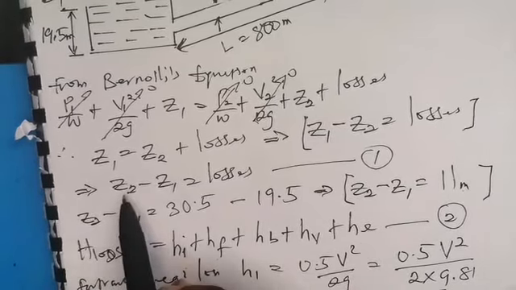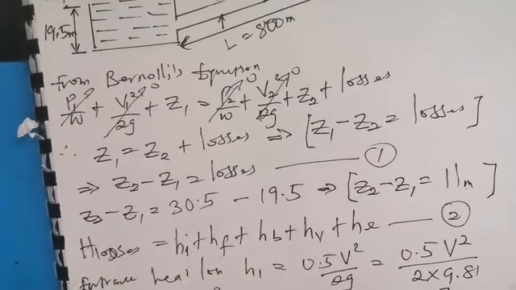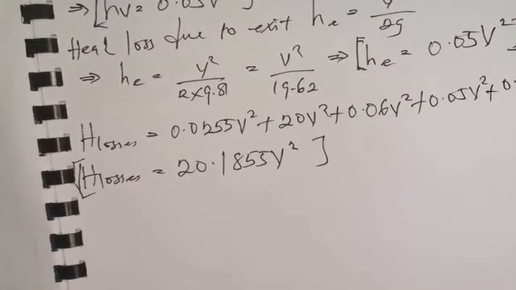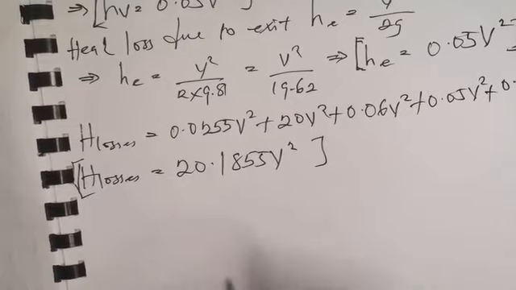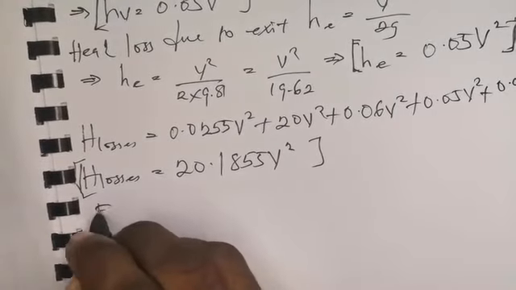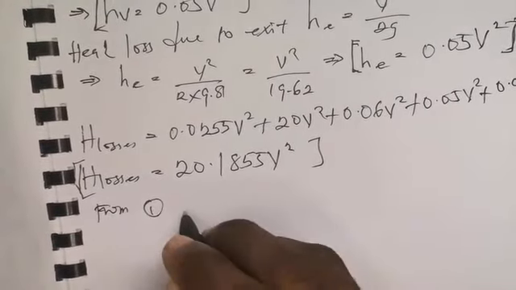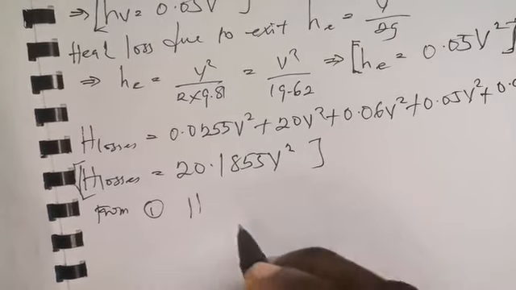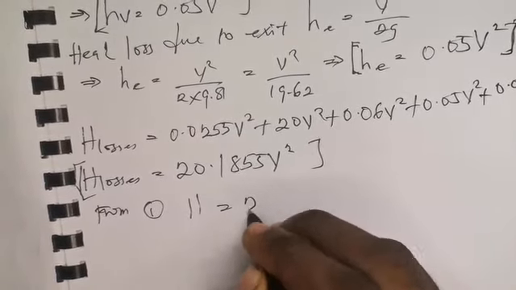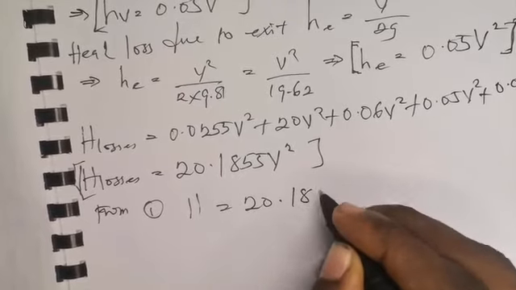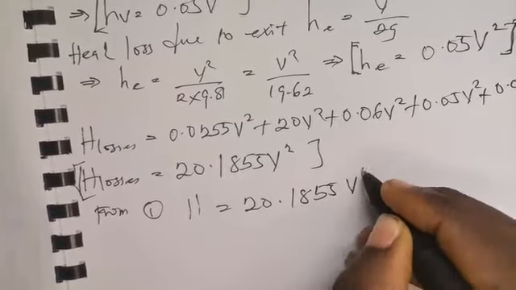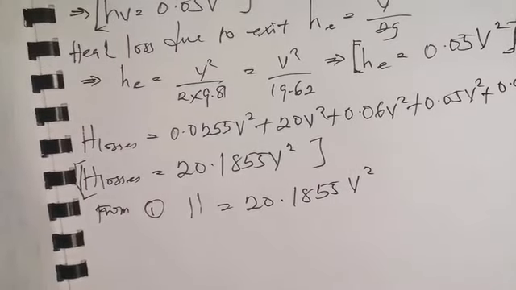So this simply means 11 meters equals all the losses. From equation 1, Z2 minus Z1 is 11 meters, and this is equal to 20.1855 V squared. So we can make V subject of the formula.